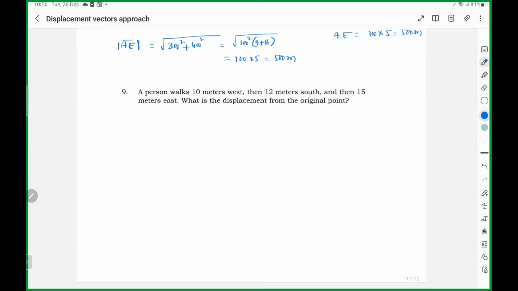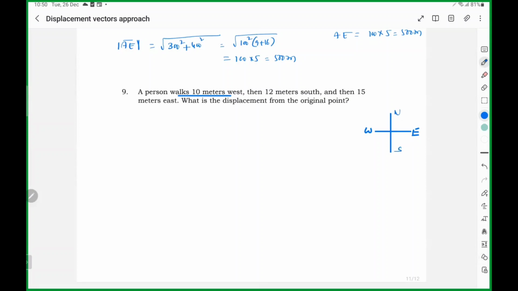Vectors is more comfortable, whatever the typical problem he gives. Here it is, walks 10 meters towards west. Say this is the reference point, east, west, north, south.